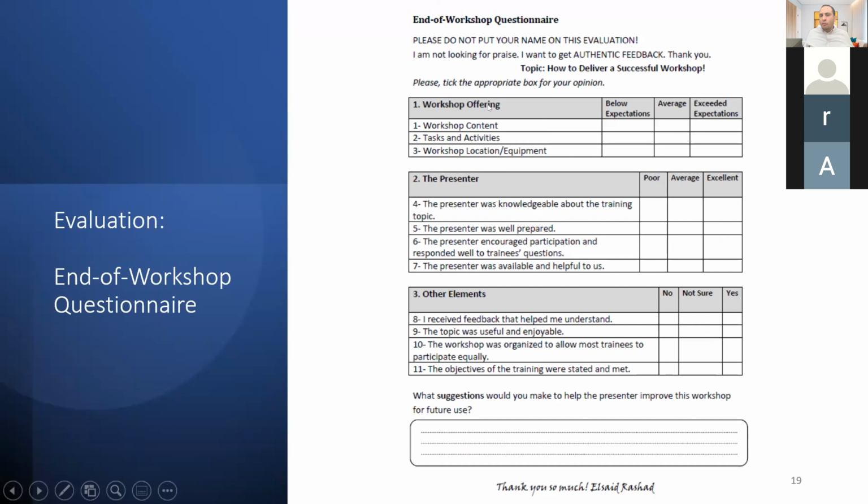So here, basically, you talk about the content, the equipment, the activities, the trainer, and other elements like the homework assignments, the participation, the objectives of the training, many things.